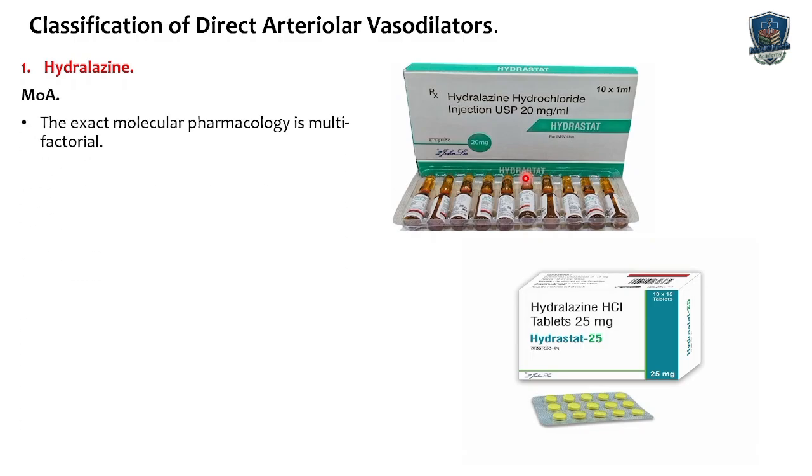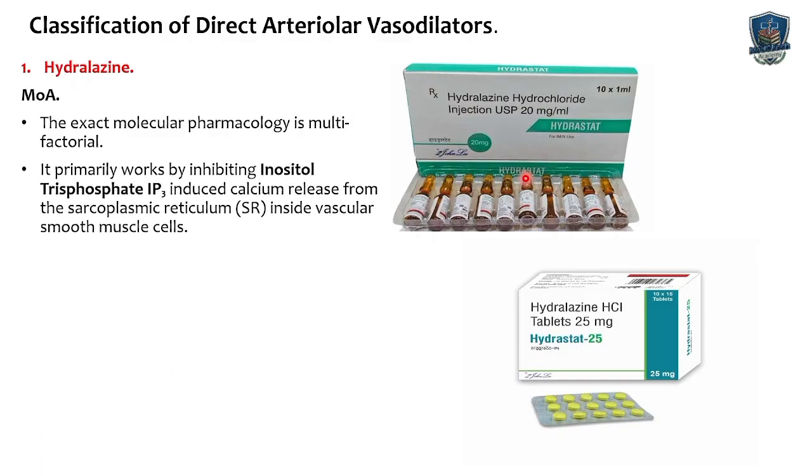Hydralazine is a very unique drug in that it doesn't have an exact molecular pharmacology. It's basically multifactorial. They work in various mechanisms. The first mechanism under which they work, number one, is they inhibit IP3-induced calcium release from the sarcoplasmic reticulum inside vascular smooth muscle cells.